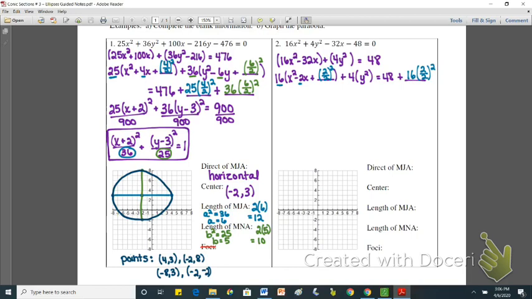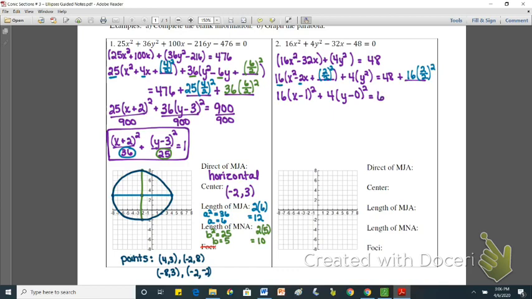So let's factor it. The 16, this just becomes x minus half of 2 is 1 squared plus 4. If I want to factor it, you can put a y minus or plus 0. Doesn't matter. That'll remind me that I have a place value. My y coordinate is 0. You don't have to have it. You can just leave it as y squared if you want.